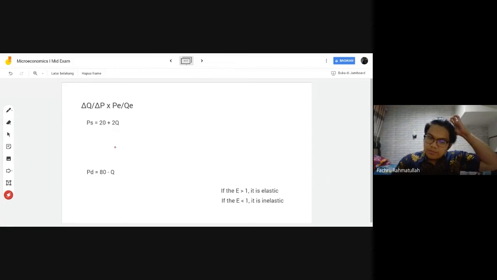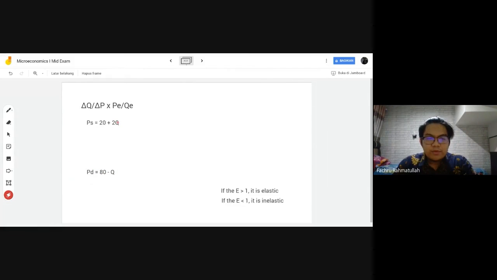So before, we differentiate or derive from this equation and this equation, because the Q is on top in the formula, so we need this equation to be Q equals to blah blah blah, and this also needs to be Q equals to blah blah blah.